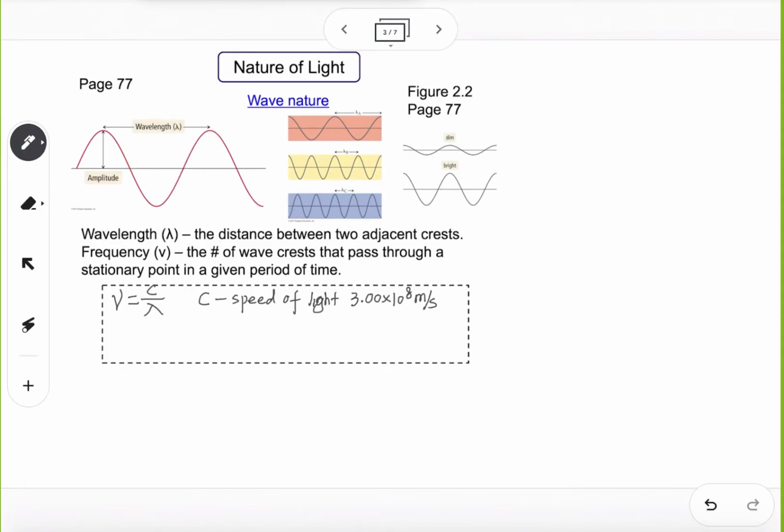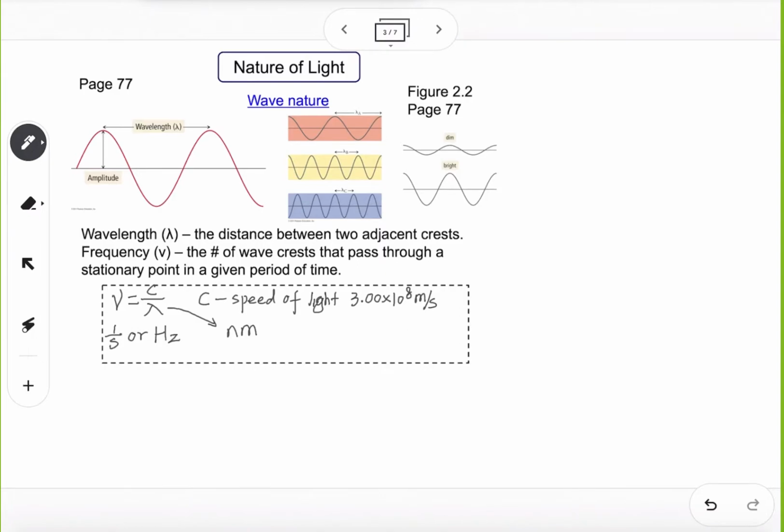What's the unit for frequency? The unit of frequency is either 1 over second or hertz. And for lambda, the wavelength, the most common unit is, let me write it here, nanometer.